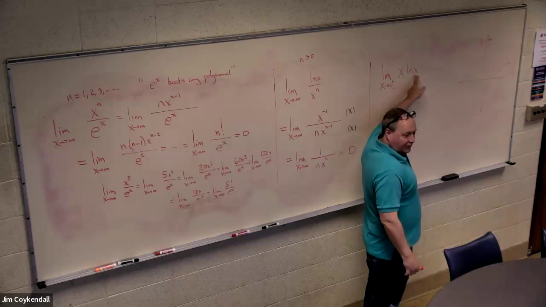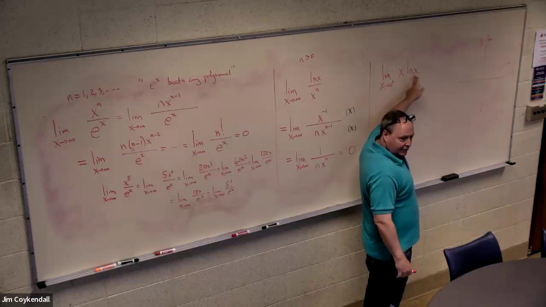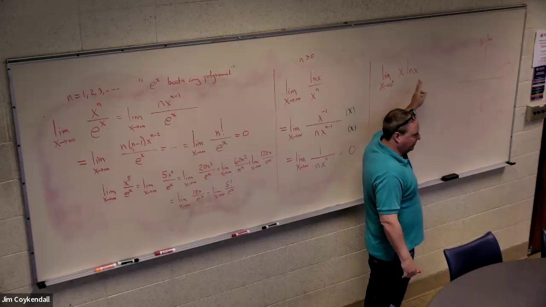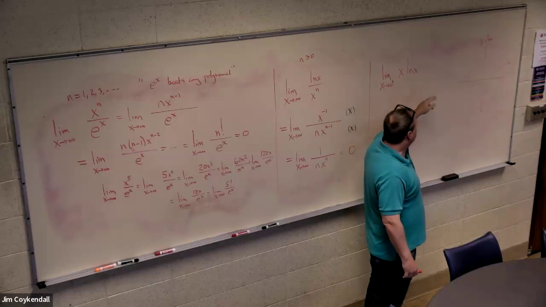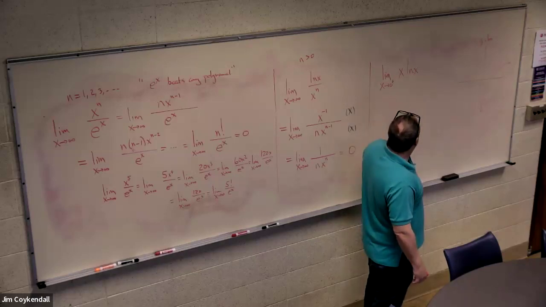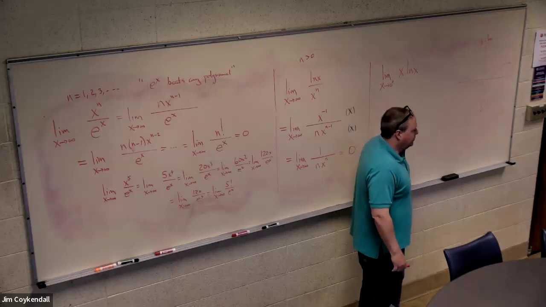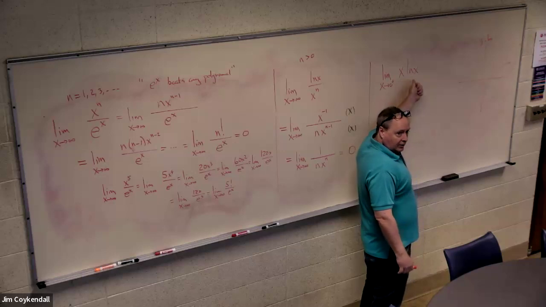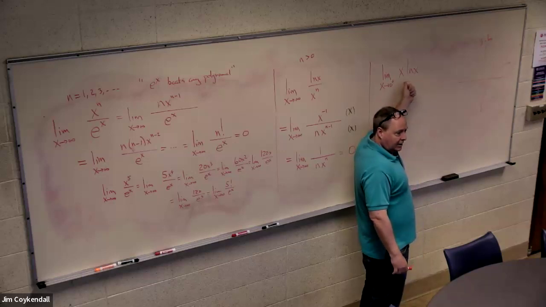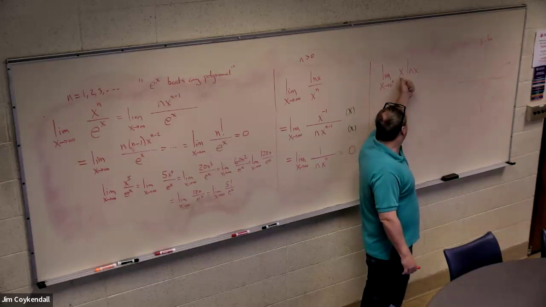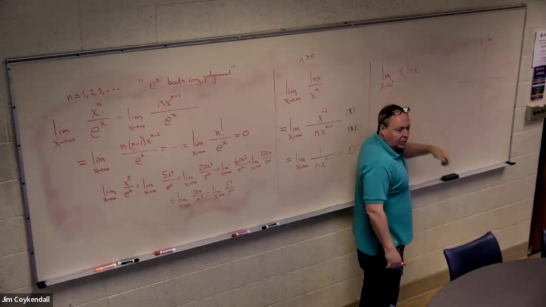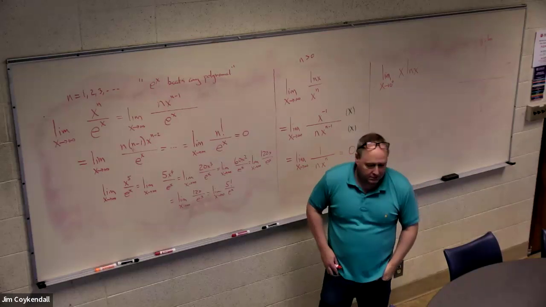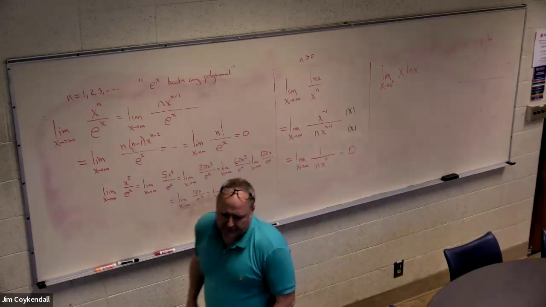Because it doesn't make any sense to put in negative values for log. The log is only defined for positive values. Okay, let me just plug in. This is a product, right? x times log x. As x goes to 0, this piece is going to 0. This piece is going to negative infinity. So what do you have?